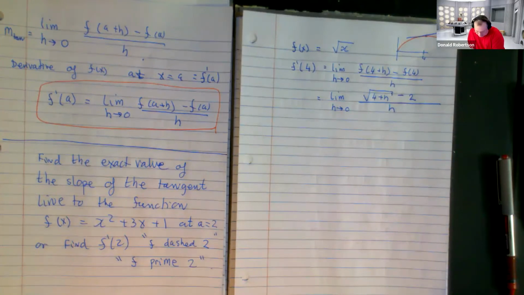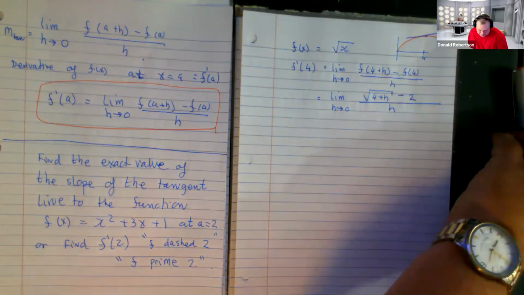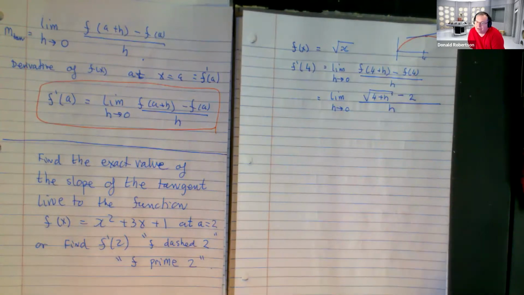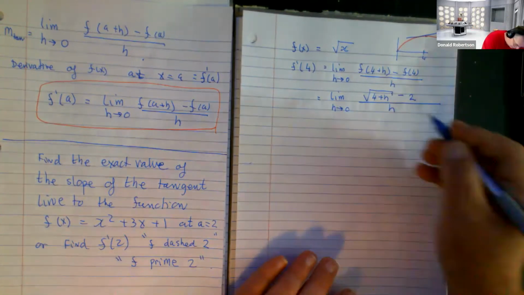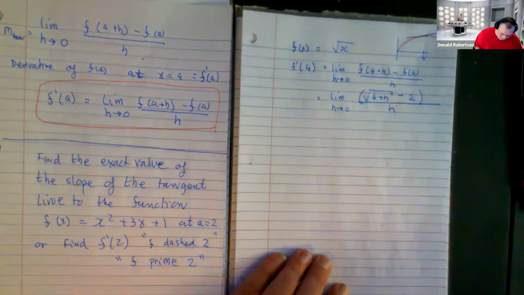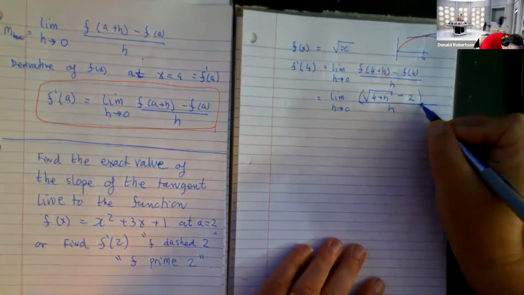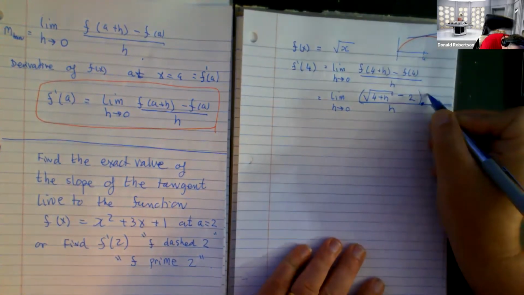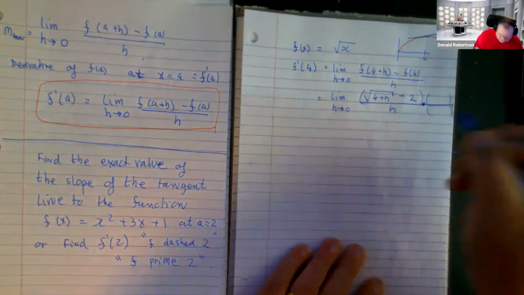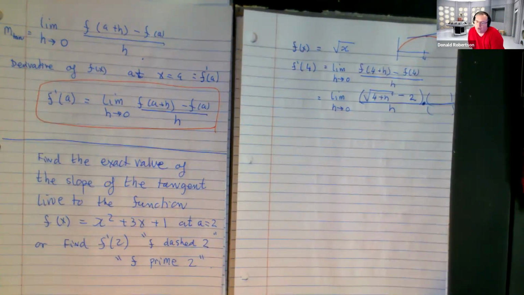And this is why some of the things that we did earlier on, this is why we did them. Don't we need to find a way of dealing with this question? Can you see what method we're going to use to solve that ugly fraction? What's it called?